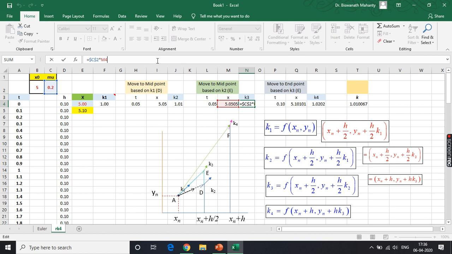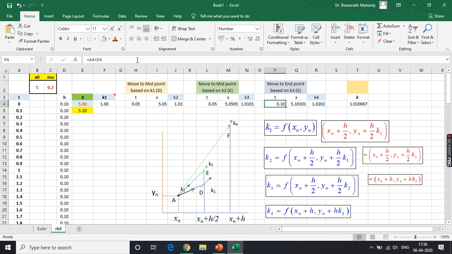Calculating the slope k3 is very simple, the same way you calculated k2. So the k3 calculation is at this point. K3 calculation is done. Now using the same slope as k3, I will go the full distance.